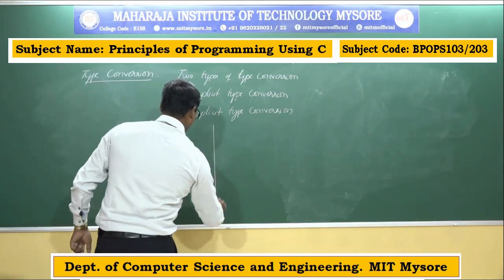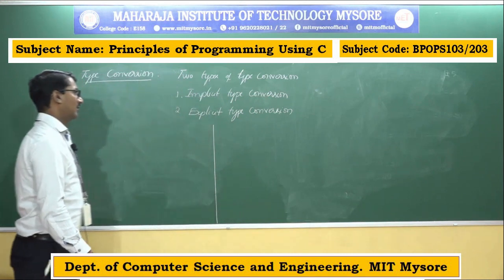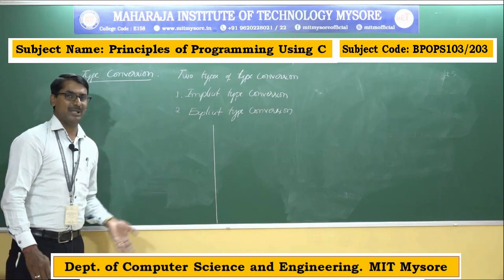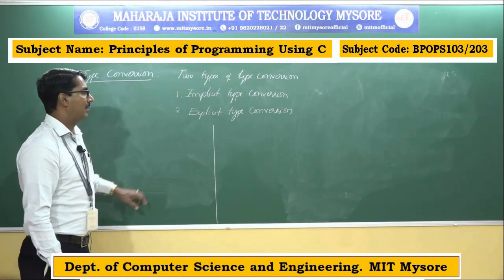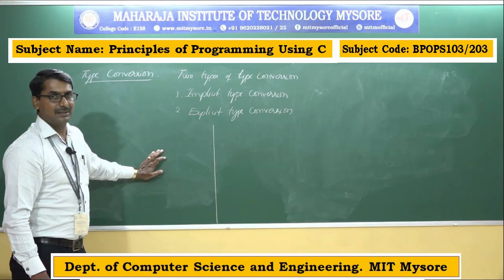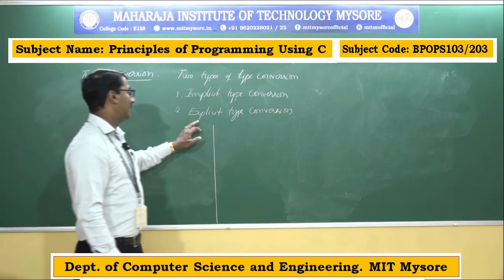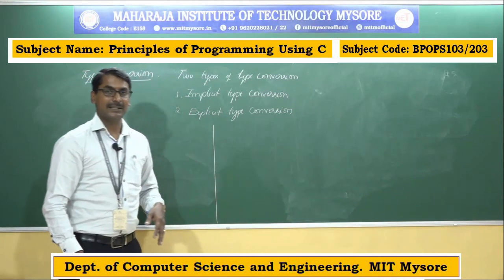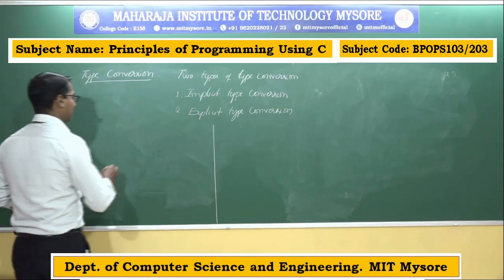Okay, let's consider implicit type conversion. Implicit type conversion means the conversion is done automatically, based on the expression. In explicit type conversion, the user himself has to convert the expression. Okay, let's consider an example.